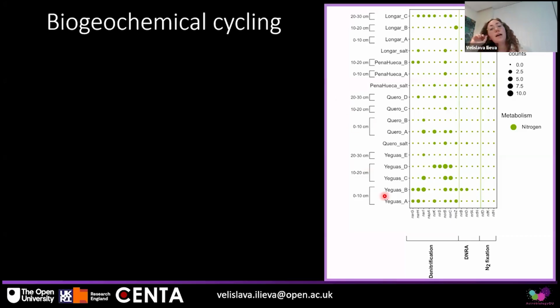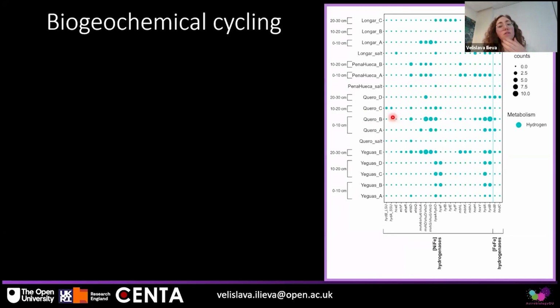Nitrogen-related genes were a lot less prominent at the sites, which actually fits quite well with Mars, where the nitrogen cycle is less important, and is also inhibited at high salinities. So we have some genes linked to nitrification, but not much. Another source of energy for this oligotrophic environment is hydrogen.